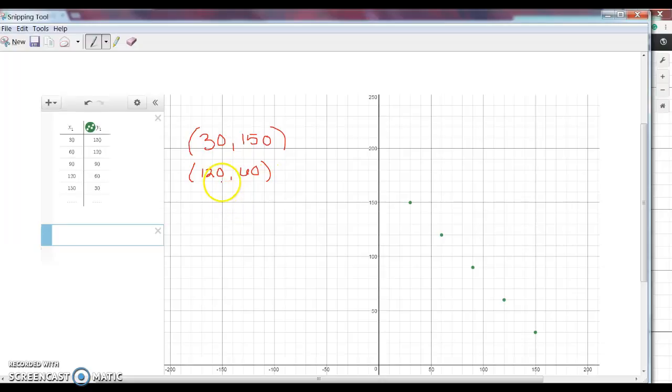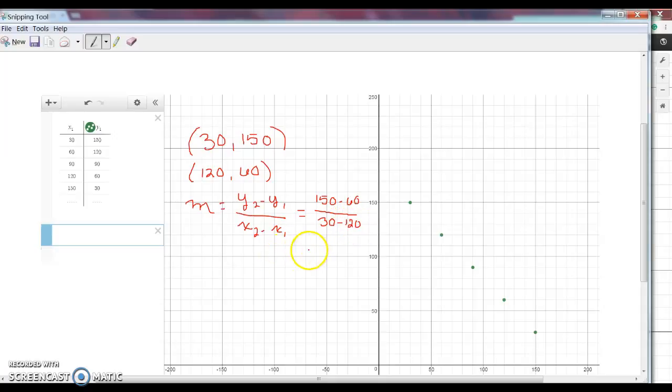So the slope formula, if we recall, was m equals y2 minus y1 divided by x2 minus x1. In this case, we can do 150 minus 60 and divide that by 30 minus 120.